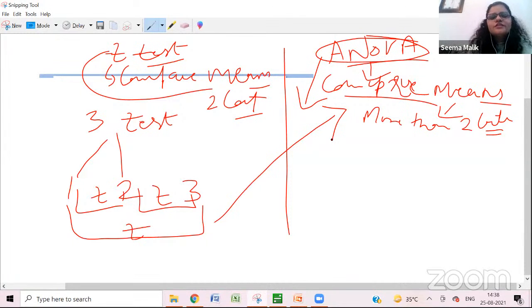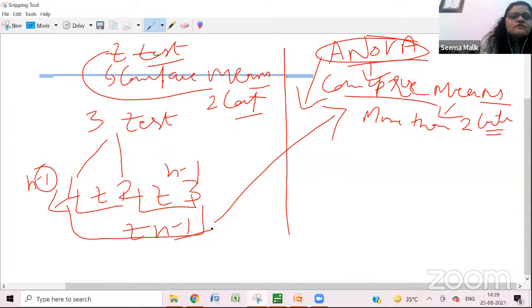Because when we perform three t-tests, we lose degrees of freedom every time. One degree of freedom here, n minus 1. Here n minus 1, here n minus 1. There will be chances of losing degrees of freedom, and being a researcher, we do not want to lose our degrees of freedom.